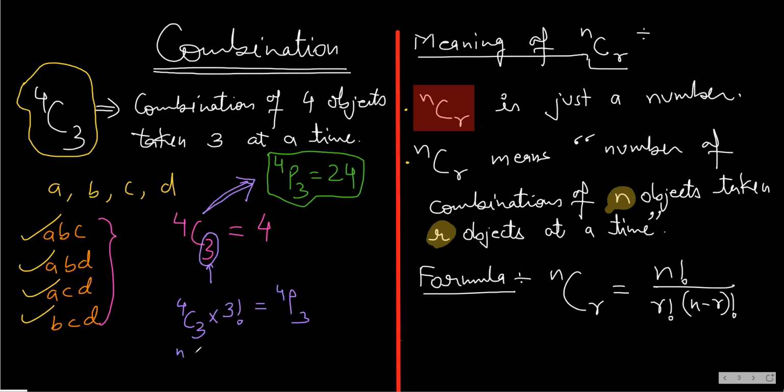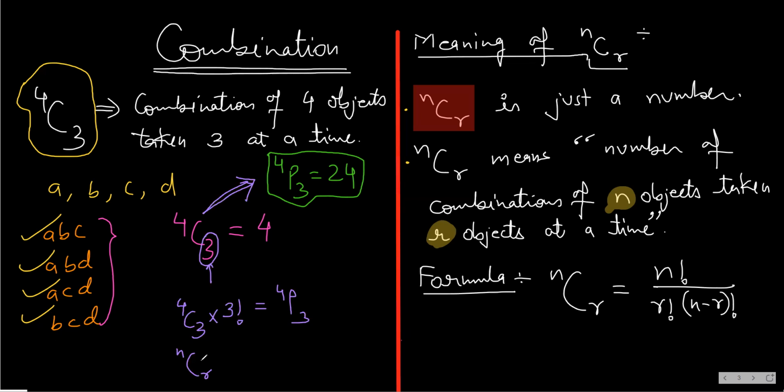If I have nCr, and these are objects which I'm taking from n, if I'm not arranging them, then it is nCr. That's it. If there is no arrangement, then it is combination. But if those r objects are again arranged amongst themselves, what will happen?